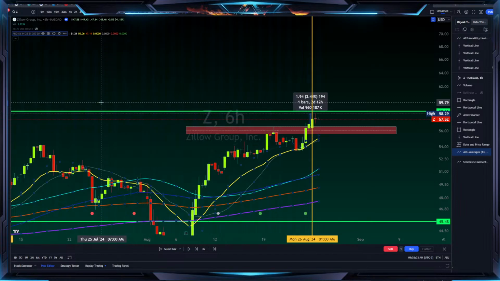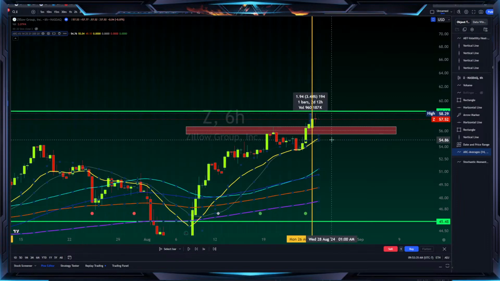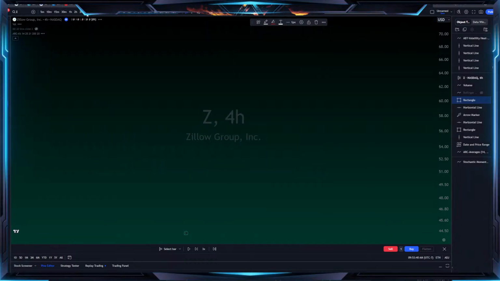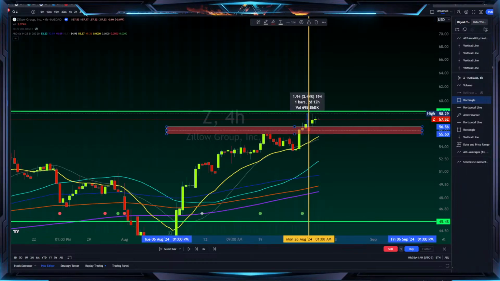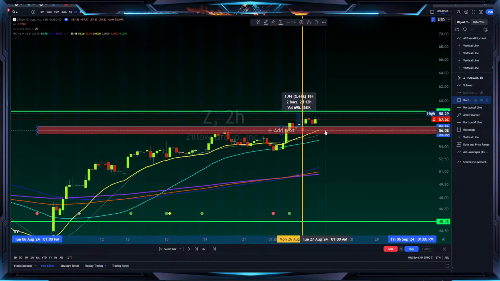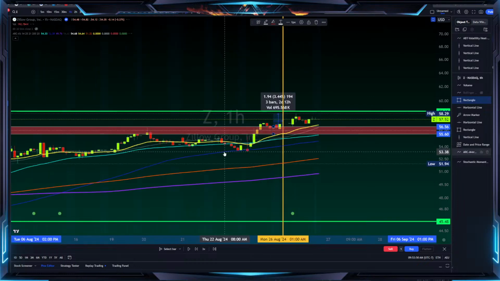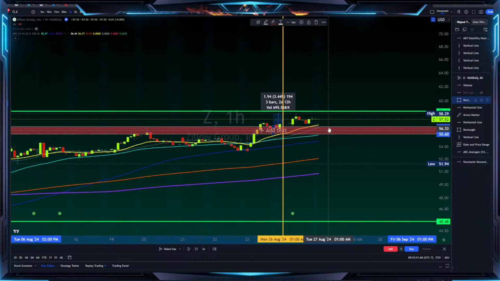Good deal. 6-hour EMA 21 confluent to our bottom side here. Let's see the 4-hour. 4-hour EMA 21 confluent to our discretion too. 3-hour EMA 21 confluent to our section here too. Hourly time frame EMA 21 and the SMA 50 completely confluent to our range.